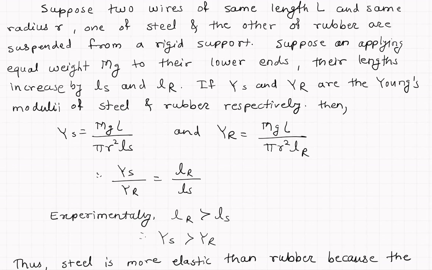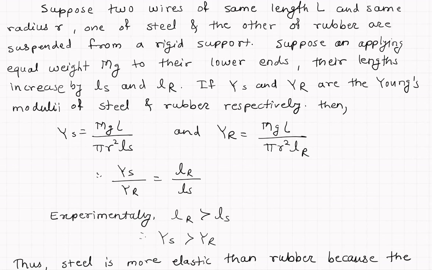If Ys and Yr are the Young's moduli of steel and rubber respectively, then Ys is equal to mgL divided by pi r square into small ls, and Yr is equal to mgL divided by pi r square into small lr. Therefore, if we take the ratio of Ys and Yr, the common part is cancelled, then Ys divided by Yr is equal to Lr divided by Ls.